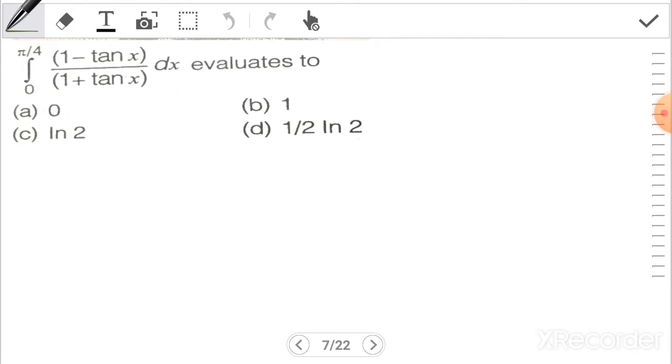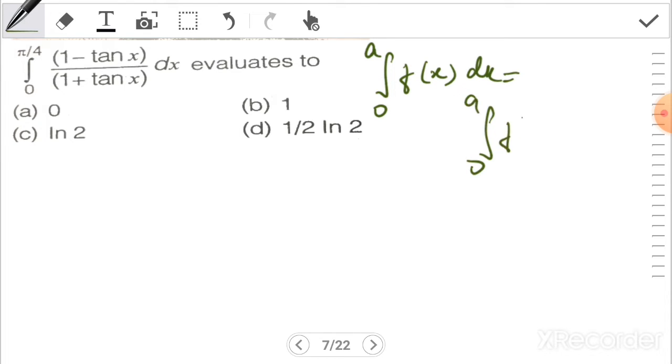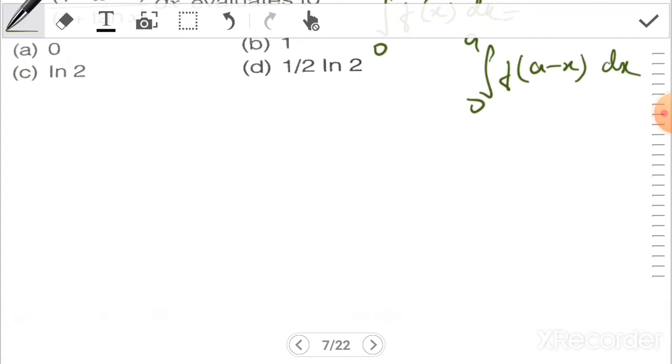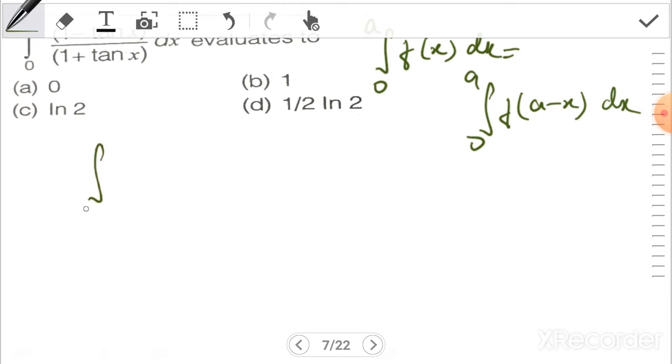Integral from 0 to pi by 4, 1 minus tan x by 1 plus tan x dx, evaluates to? Right? So using the property, if you remember, this is equal to integral 0 to a of f of a minus x dx. So this integral can be rewritten with tan of pi by 4 minus x, where a is pi by 4 here.